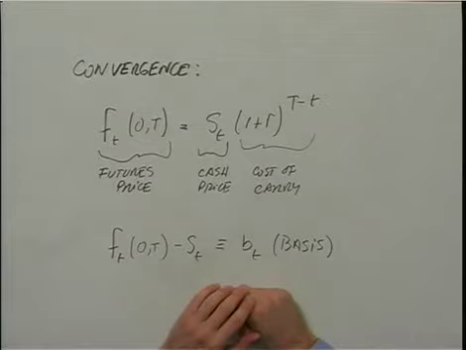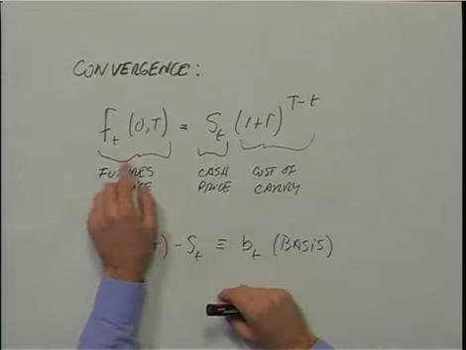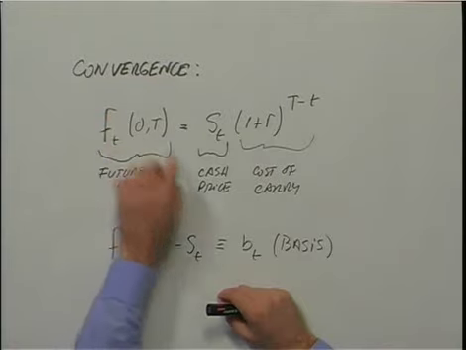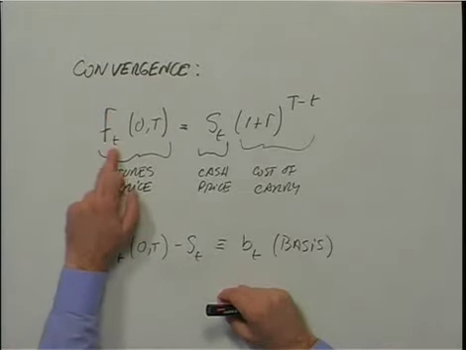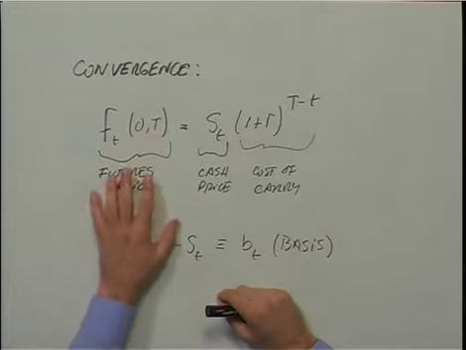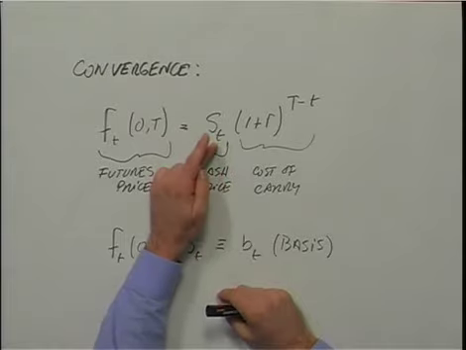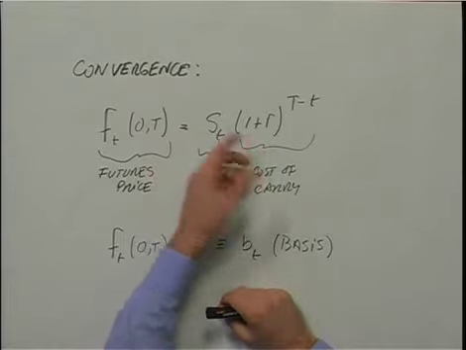In order to understand hedging a little better, we need to understand why convergence may or may not occur between the futures price and the spot price or the cash price. So let's talk about convergence. Remember that under no arbitrage opportunities, the futures price, which is denoted as F sub t, 0, T, where F sub t means this is the futures price at time t, a small t, with maturity big T, is equal to the spot underlying price, or the cash price, plus the cost to carry.